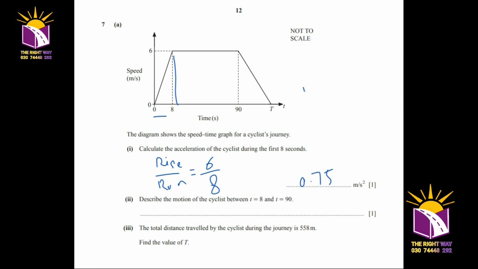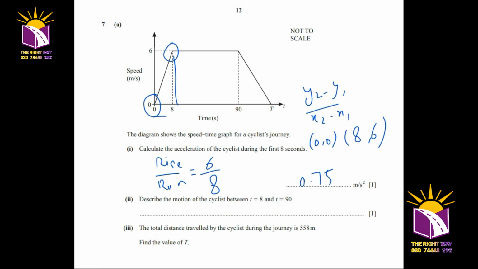Or you can use the formula y2 minus y1 over x2 minus x1, in which your points are 0, 0, the starting one, and the second one is 8 and 6. You can either use the rise over run formula or the formula y2 minus y1 over x2 minus x1.